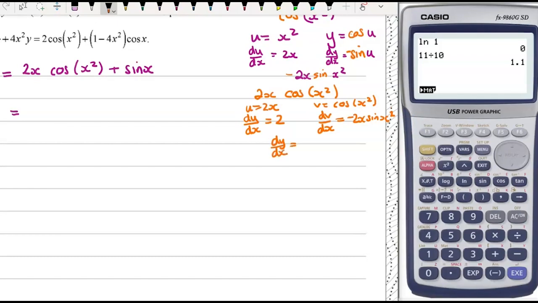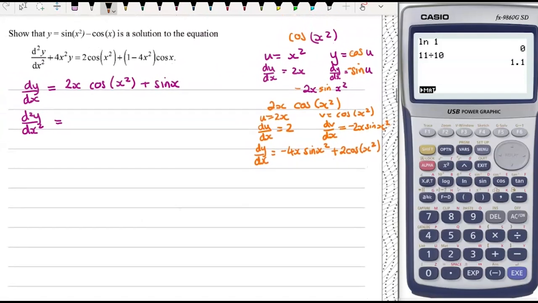And put them back together for dy by dx using the product rule. So that'll be 2x times dv by dx here. So dy by dx, that's going to be minus 4x sine of x squared, and then these two times together, so plus 2 cos of x squared.